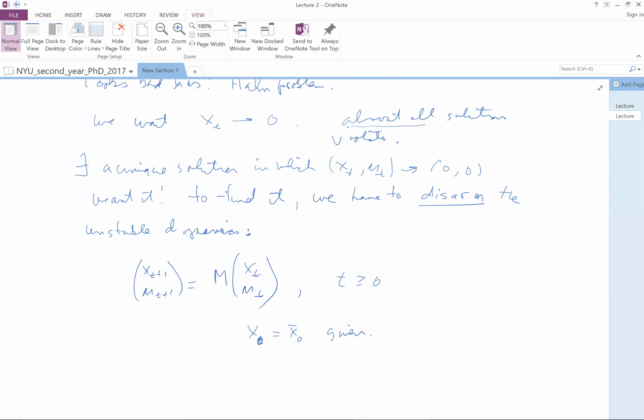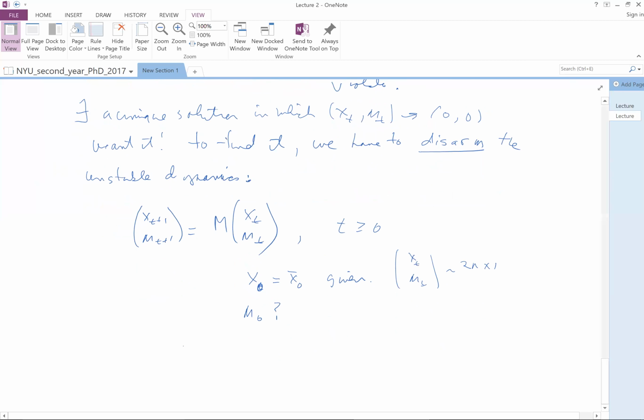The first order difference equation, the dimension of (x_t, u_t) is 2n by 1, we only have n initial conditions. What about mu_0? So mu_0 is free. We have to determine it. I'll just say we get to choose it.